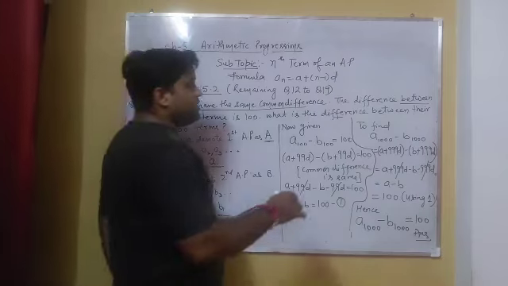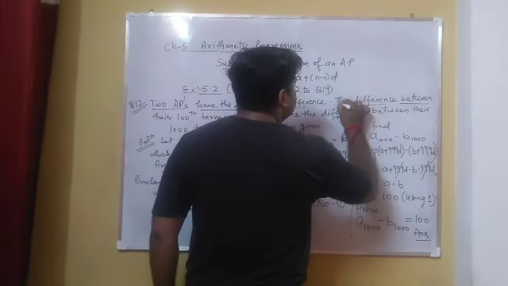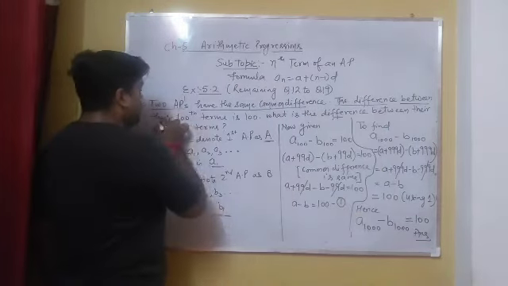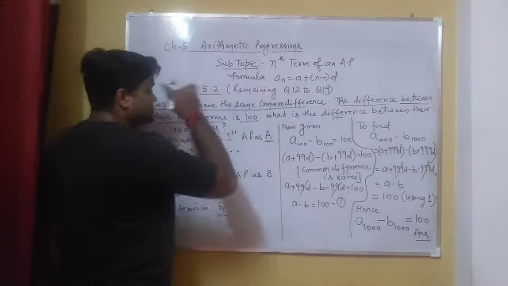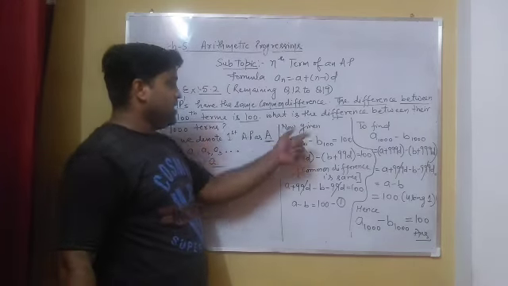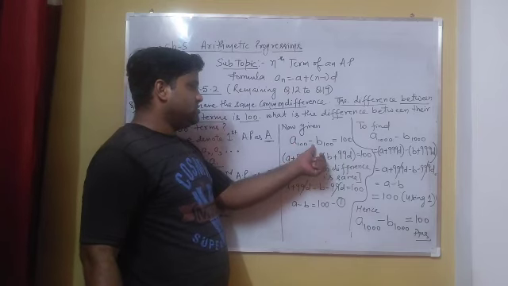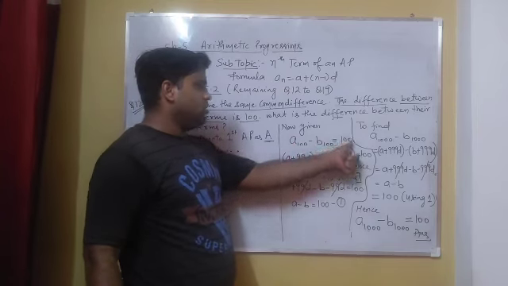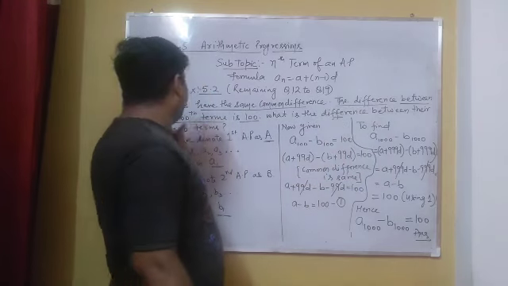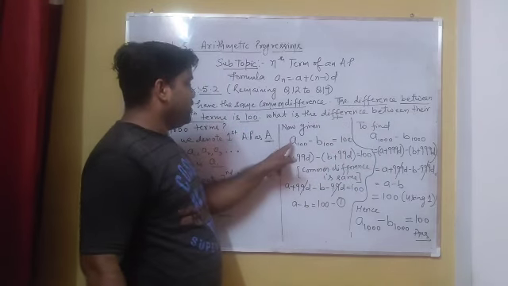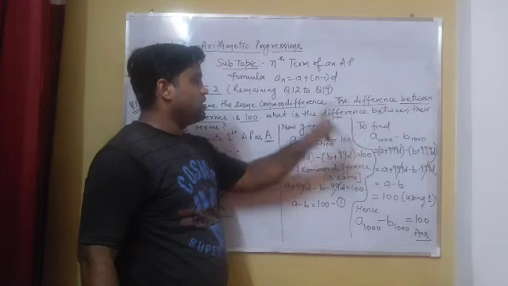Now in the question it is given that the difference between their 100th terms is 100. So we write this as the 100th term of the first AP minus the 100th term of the second AP is equal to 100. So we write a_100 minus b_100 equal to 100.